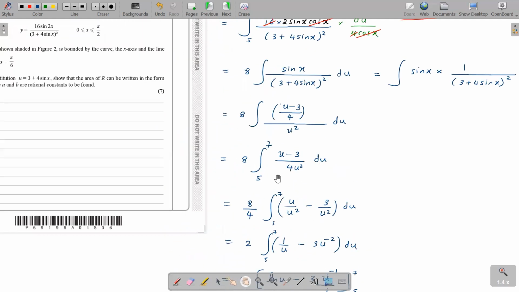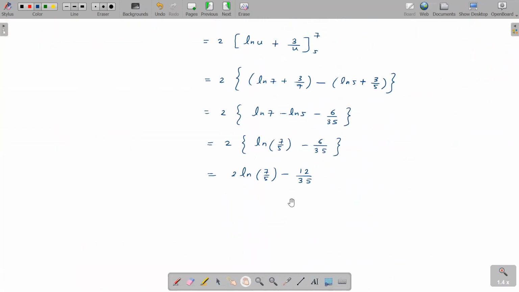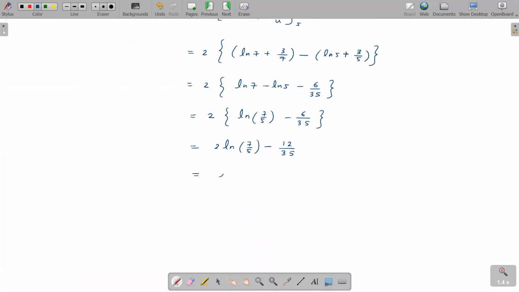So did I get the format? What was the format they showed us? A plus ln b. Is there any number in front of the ln? No, right? In front of this ln, there's no number. Now I think we got a 2 in front of our ln. So that means we'll have to put it inside, so it goes inside as a power. So what happens? ln 49/25 minus 12/35.